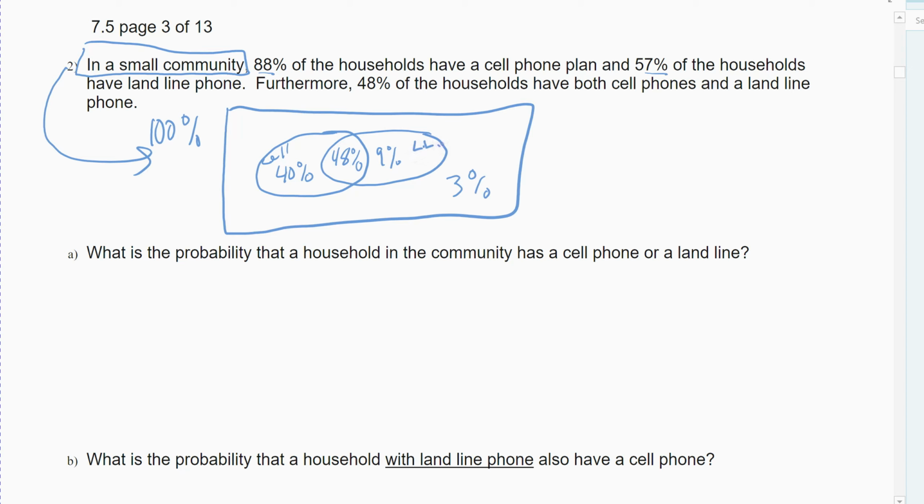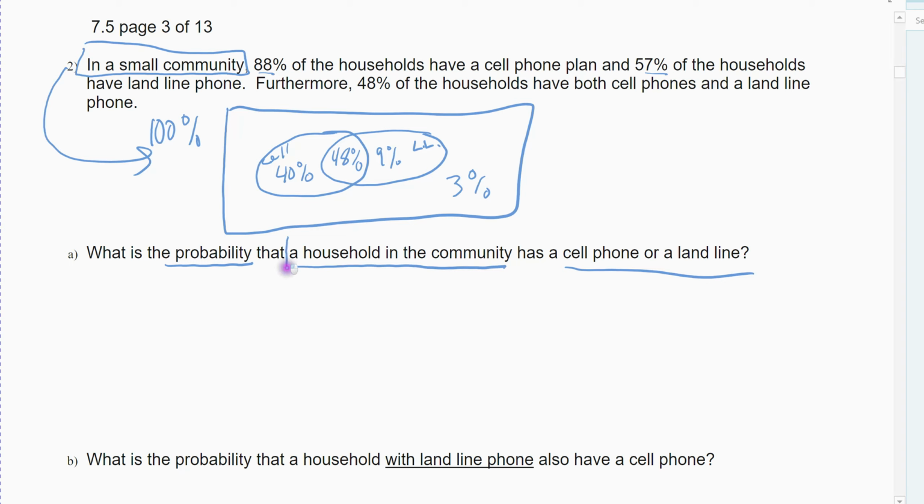Now the probabilities. What's the probability that a household in this community has a cell phone or a landline? What you're going to have to recognize first is whether it is a basic probability or a conditional probability. The question is answered by where I am selecting from when finding my probabilities.